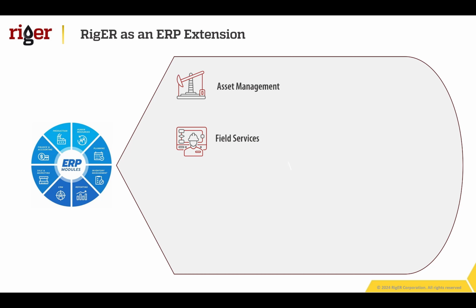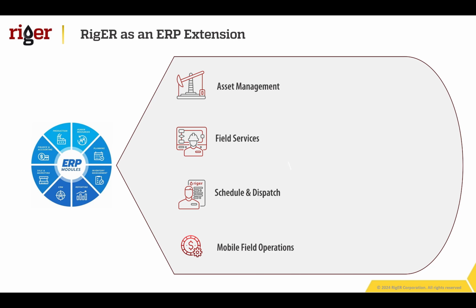Field services, definitely, is a big part. And of course, field services differ in oil and gas as compared to HVAC, for example. Scheduling and dispatching is different in oil and gas and requires more in-depth information.